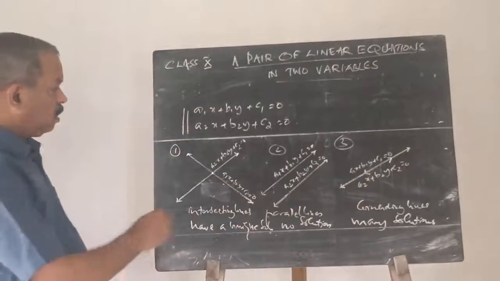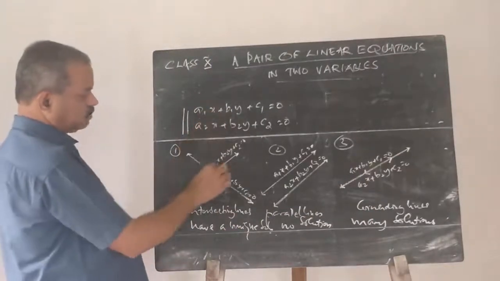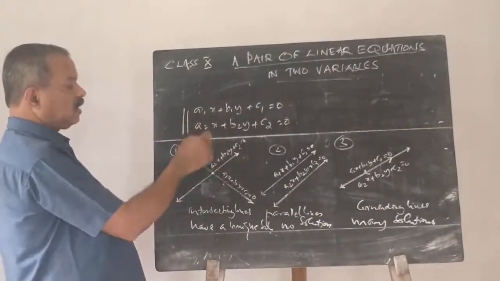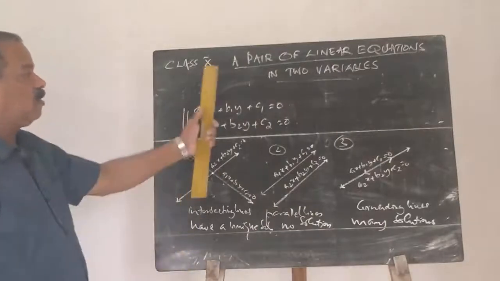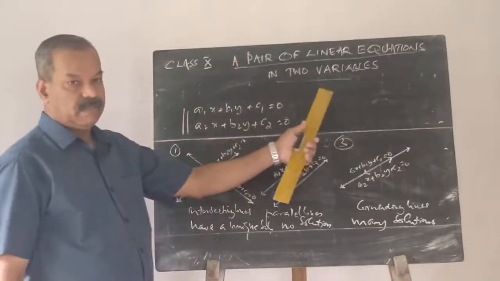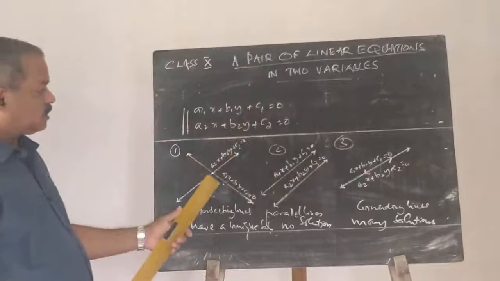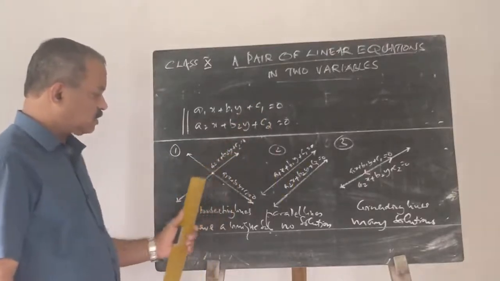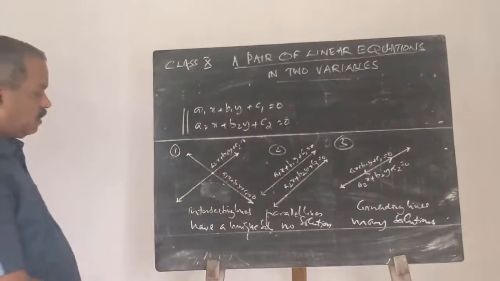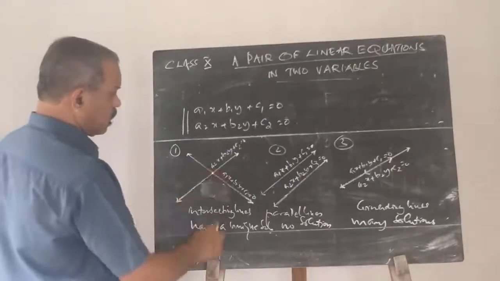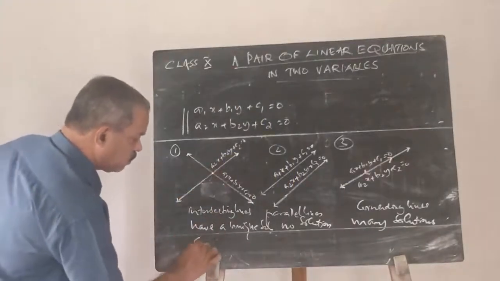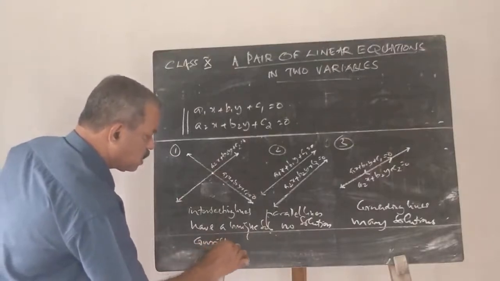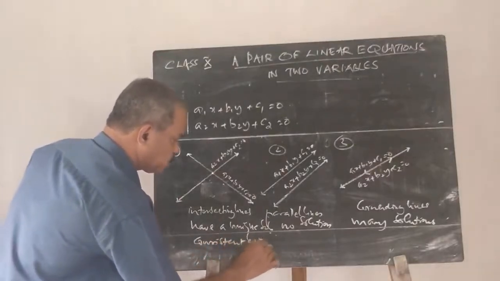Now, for the equations satisfying this condition, that is, if the graph of a pair of linear equations is intersecting lines, then such equations are called consistent equations.